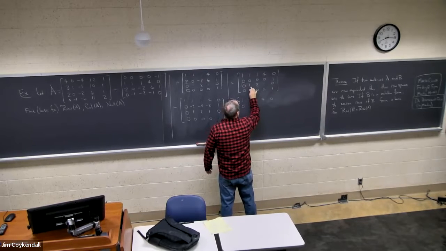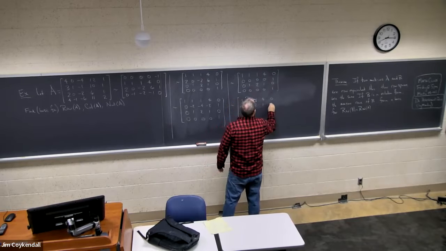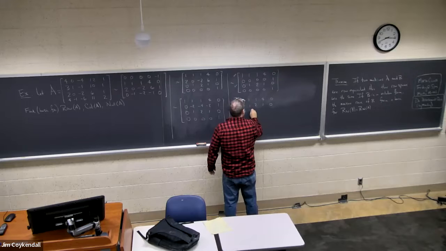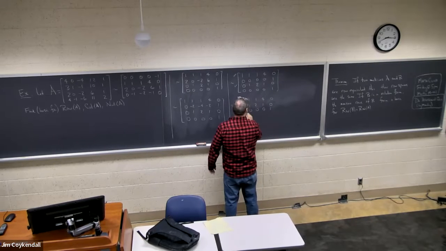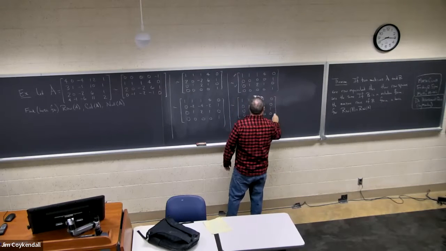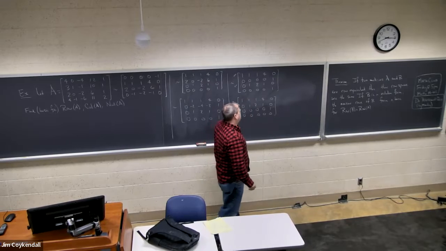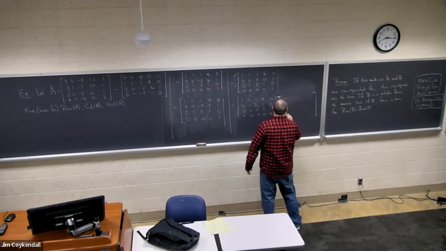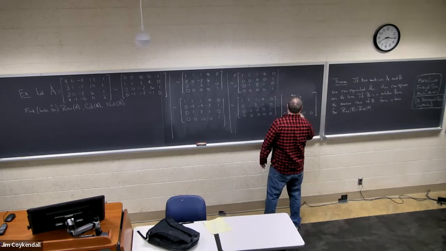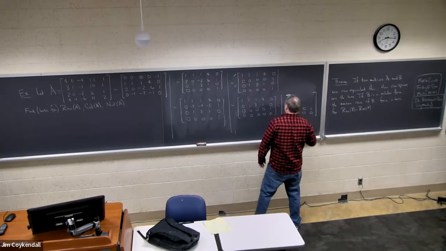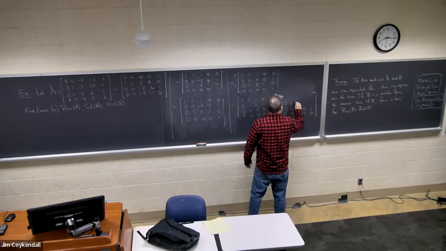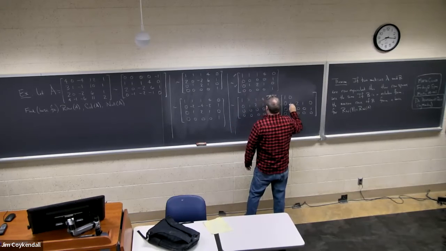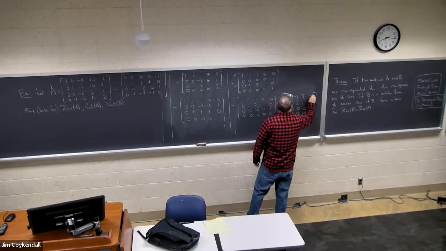I'll put this one here, 1, 2, 1, 0. Take that out. And one more step, just to get it into row reduced echelon form. 0, 0, 0, 0, 0, 0, 0, 0, 0, 1, 0, 1, 2, 1, 0, and 1, 0, -1, 3.